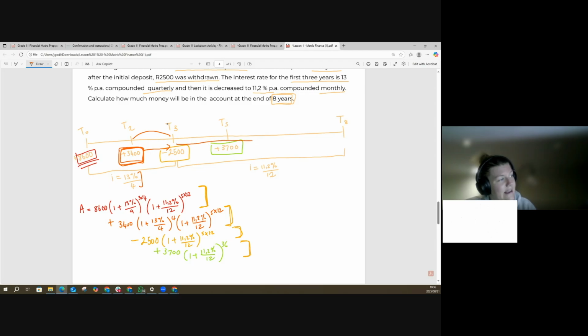And then it's at the second interest rate for 5 more years. So this 5 times 12 is the 5 years that it's being compounded monthly. And this 4 is because it's being compounded quarterly, but it's only in there for 1 year. So we're tracking what is happening to that orange.